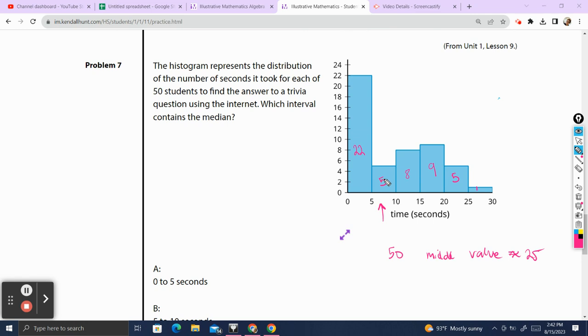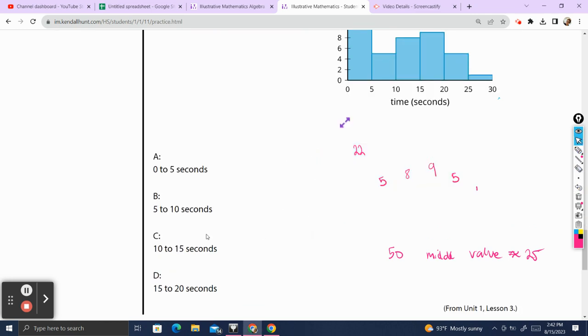But in this case, the 24th, the 25th, and the 26th student are all in the values between 5 and 10, which tells us the median is between 5 and 10. Let's go ahead and circle that answer. It's between 5 and 10, and that's the answer to our question.